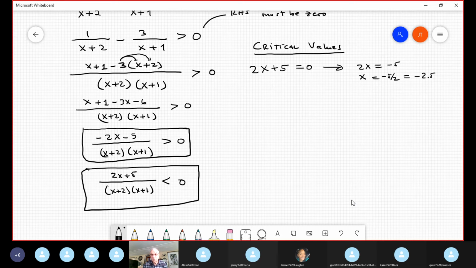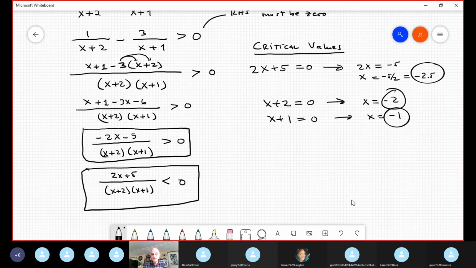When they're doing the partition of the whole real number line, no? And x plus 2 equal to 0 is negative 2. And x plus 1 equal to 0 is negative 1.